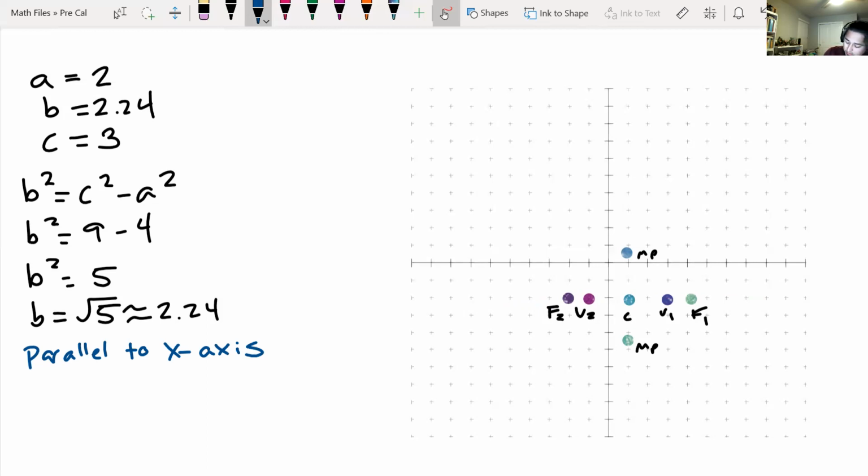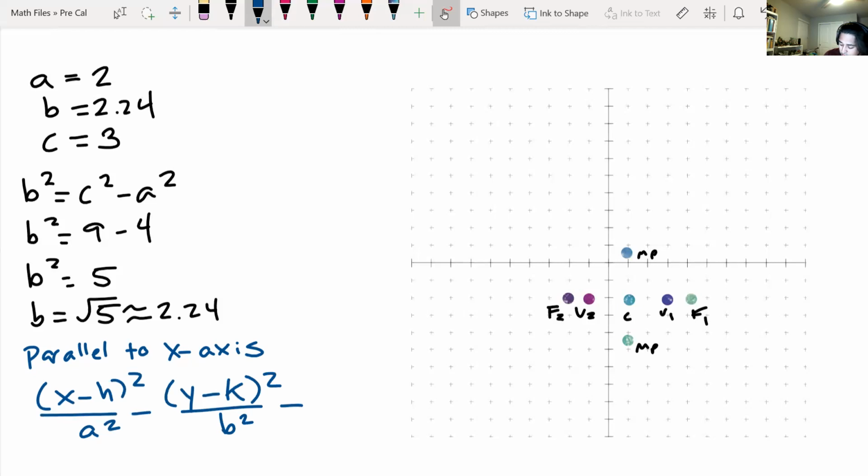Okay. So if we're parallel to the x-axis, we know what the center is, which means we know what formula we can use. We're going to use this formula: x minus h squared over a squared minus y minus k squared over b squared equals 1.